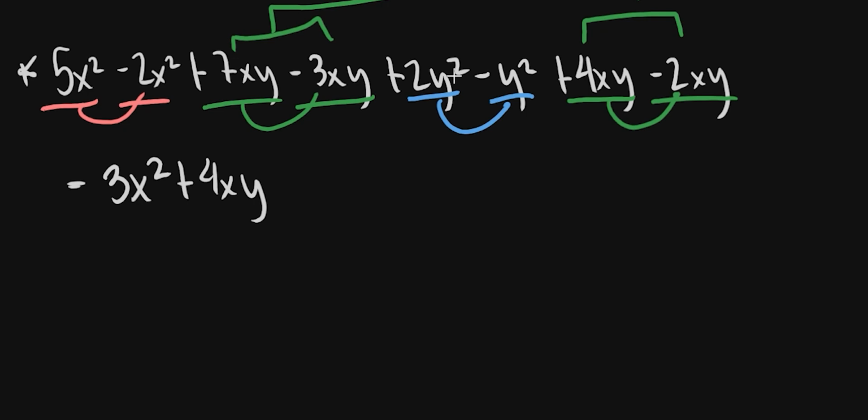Then 2y squared minus y squared. There is always a 1 here, so 2 minus 1 would result to positive y squared. And 4xy minus negative 2xy would result to positive 2xy.